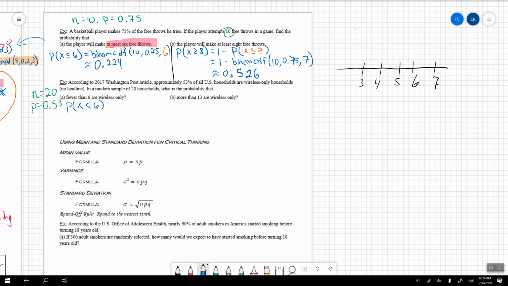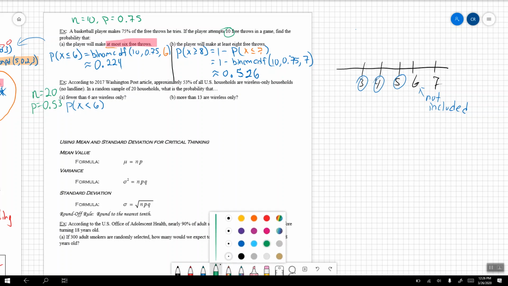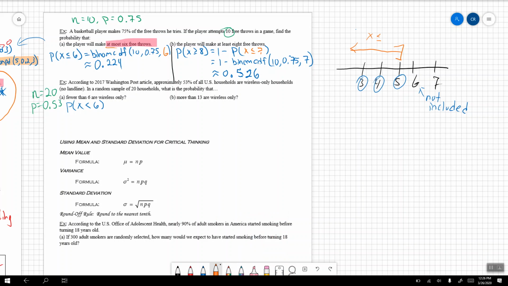The answer is no, we do not include the 6. So this is not included. Which means we actually want to start our probability from 5 to 4 to 3 because, again, this is a discrete probability. So we start here and move downward, which means x is less than or equal to 5.